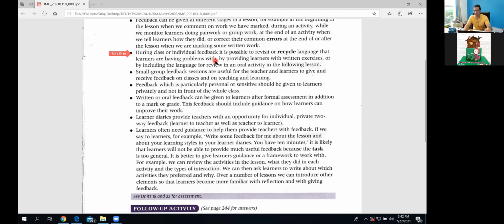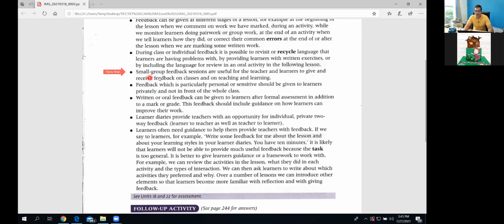So you can revise that and provide information regarding the problems they had while learning that particular thing, by providing learners with a written exercise or by including the language for review in an oral activity in the following lessons. So further is now how you give them that, to review the oral activities or the language.